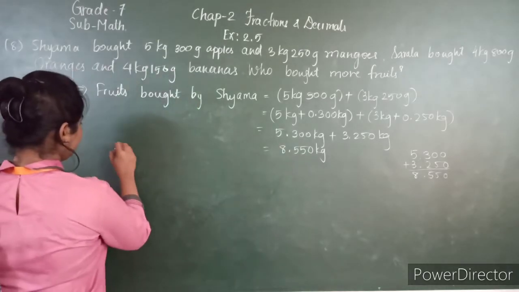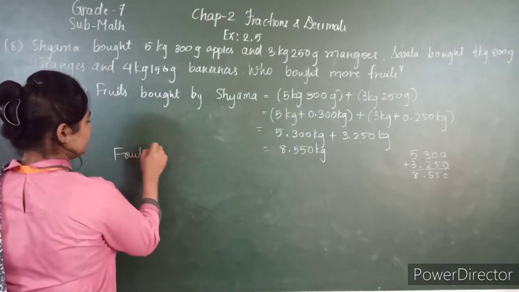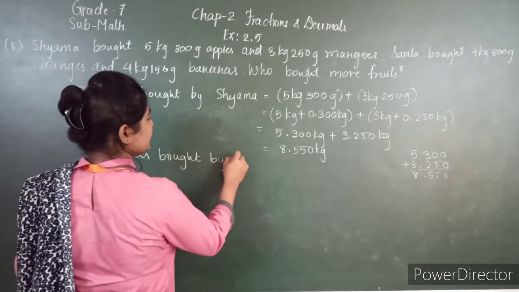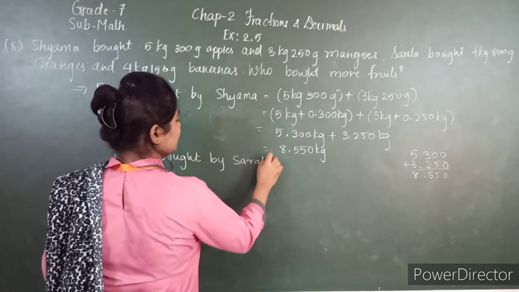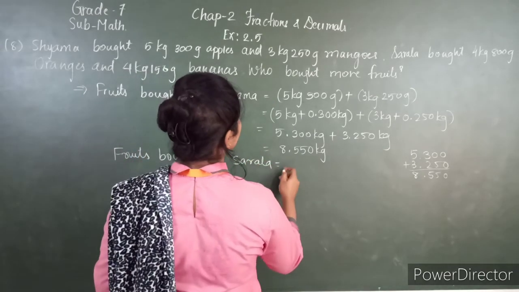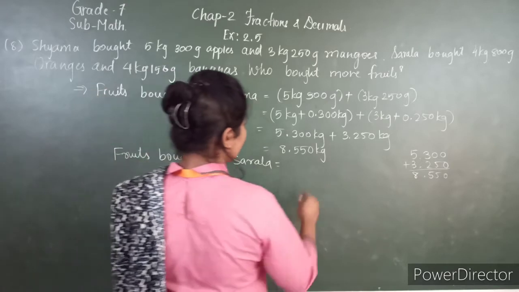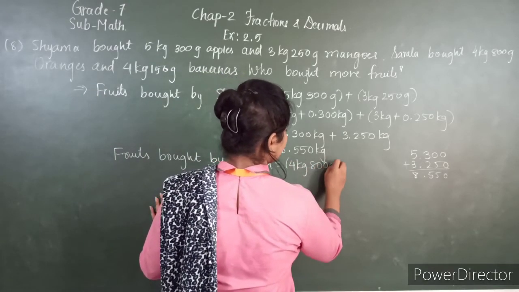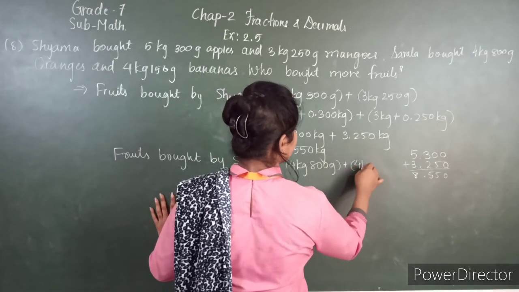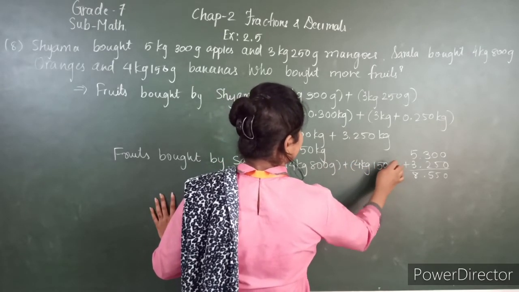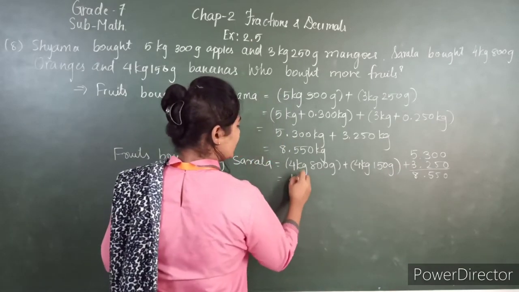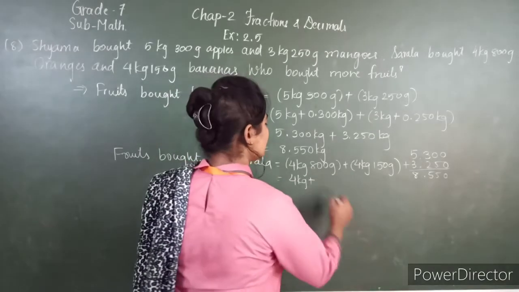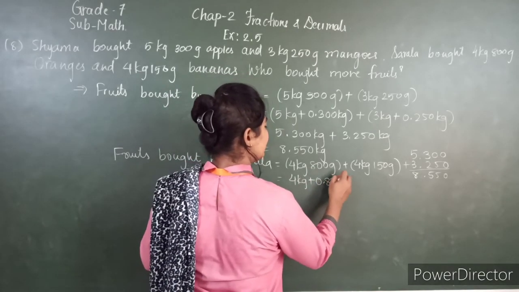Now fruits bought by Sarla. So it is 4 kg 800 gram plus 4 kg 150 gram. So 4 kg plus, if we convert this 800 gram into kg, it is 0.800 kg.